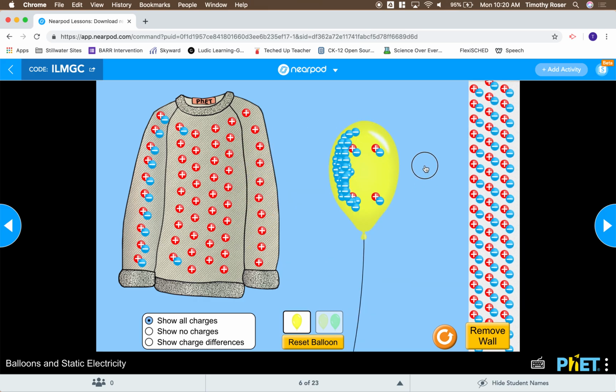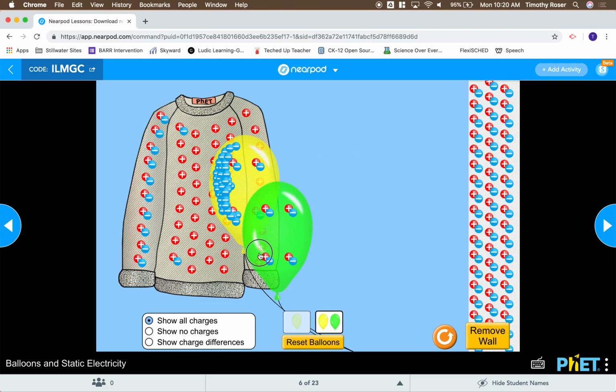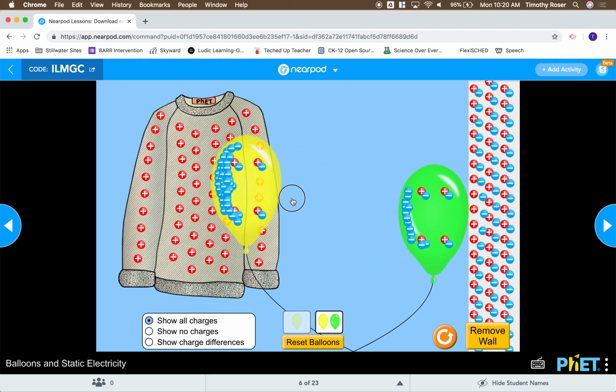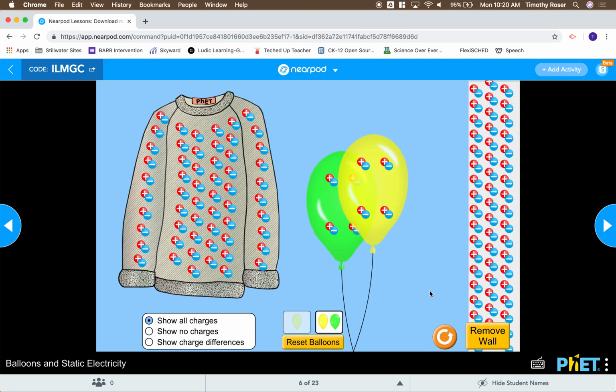So you can release the balloon, you can see what the balloon does, you can have 2 balloons and do all sorts of things over here, and you can make observations. So go ahead and mess around with the different settings on here, and when you're done exploring this, go ahead and continue this video and continue taking notes.